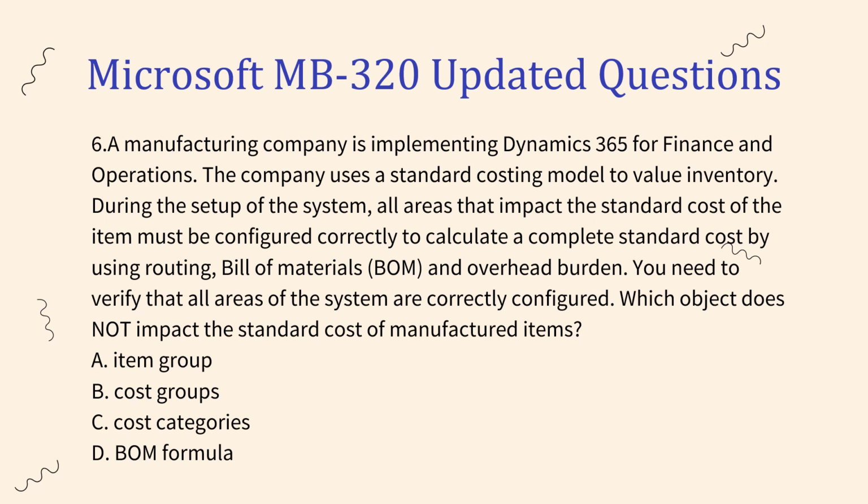You need to verify that all areas of the system are correctly configured. Which object does not impact the standard cost of manufactured items? A. Item group. B. Cost groups. C. Cost categories. D. BOM formula.